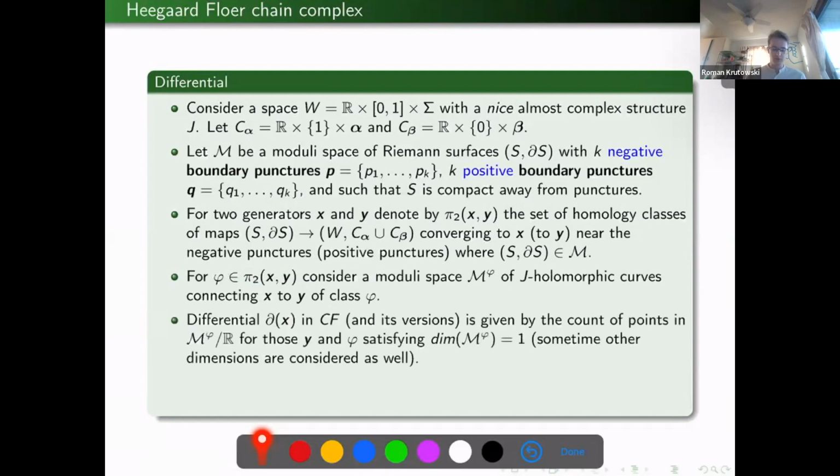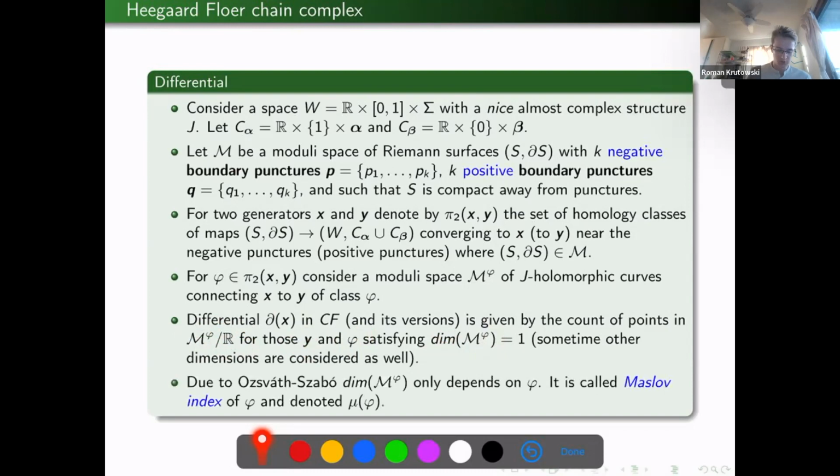Then the differential counts the number of elements in this moduli space for those y and phi satisfying that the dimension of this moduli space is equal to 1. It was shown in the original works by Ozsváth and Szabó that the dimension only depends on phi, and it is called the Maslov index, and I will denote it by mu of phi.